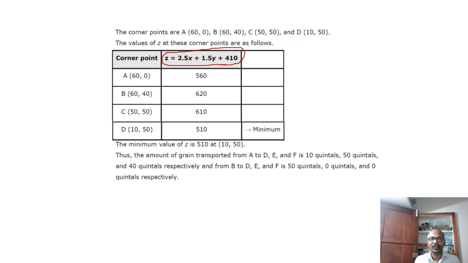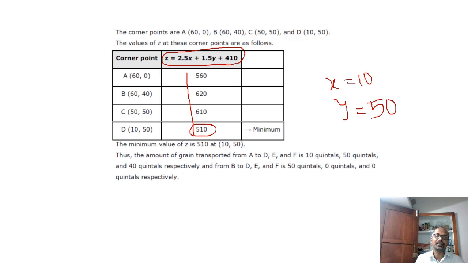In each case you calculate the cost. This is the cost, and out of it the minimum value you have to select, that is 510. So the cost is minimum when x is equal to 10 and y is equal to 50.